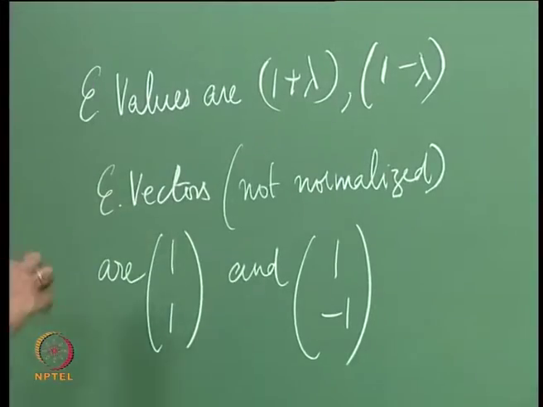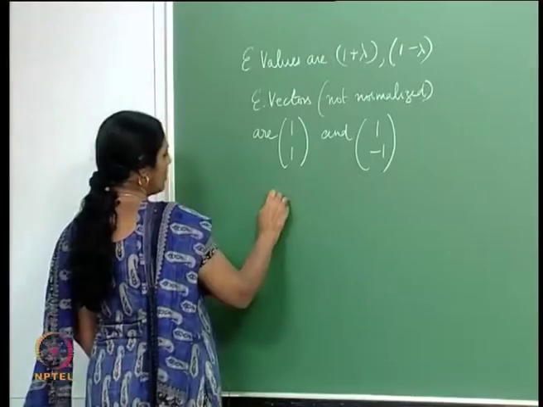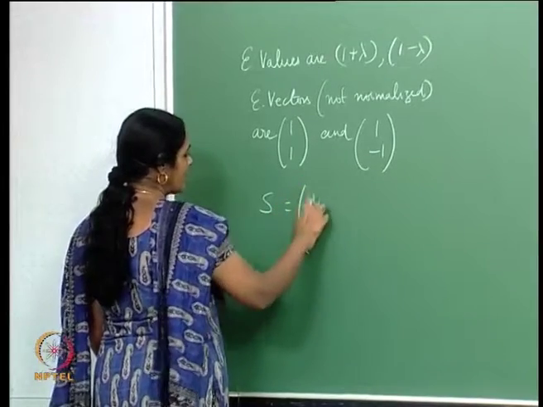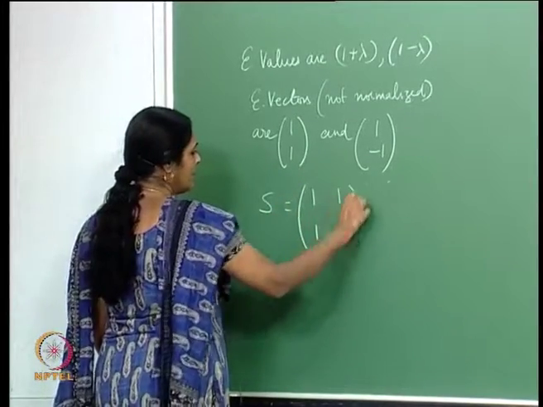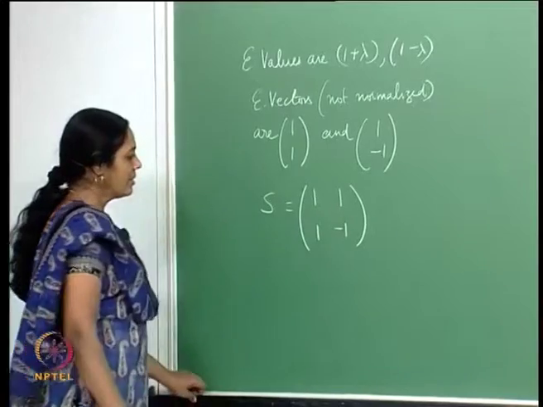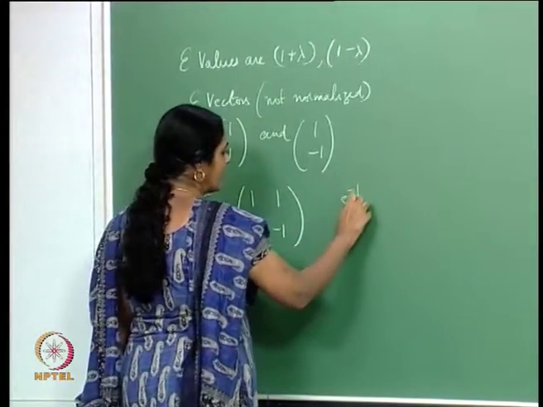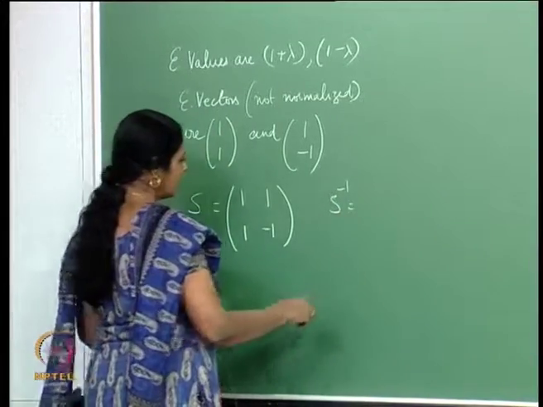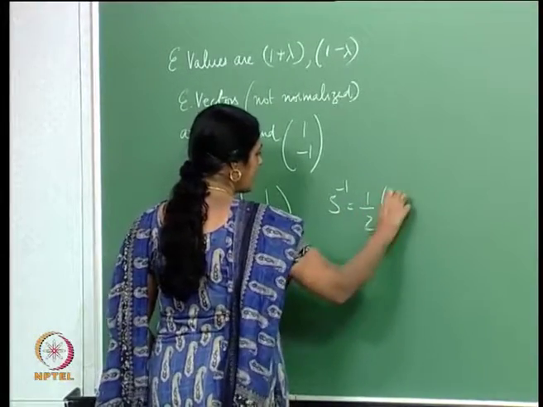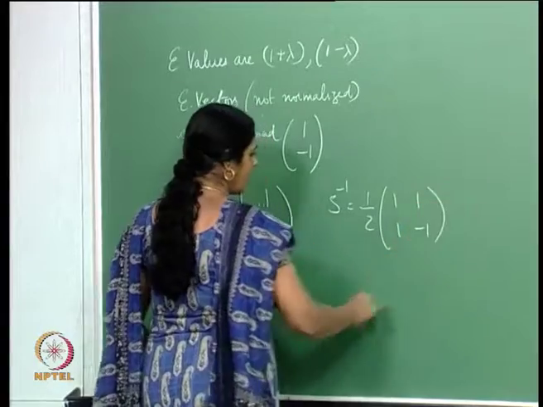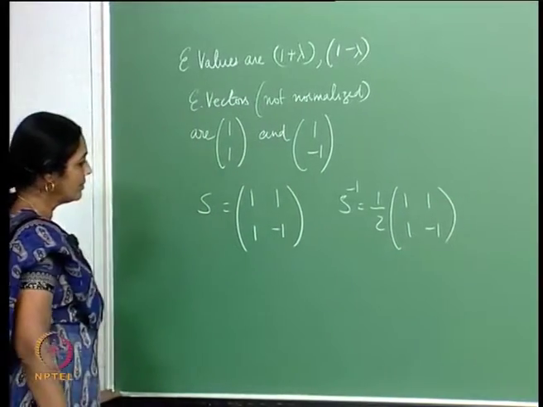Now that tells me what S is, because if I write S as the matrix made up of these eigenvectors in this manner, I can easily find S inverse. S inverse is half times (1, 1; 1, minus 1).